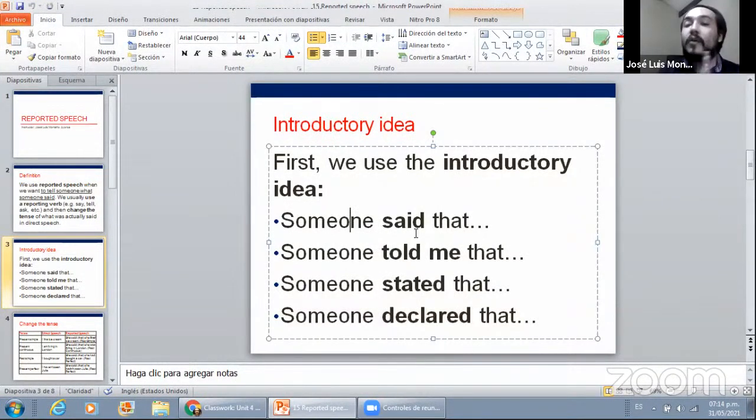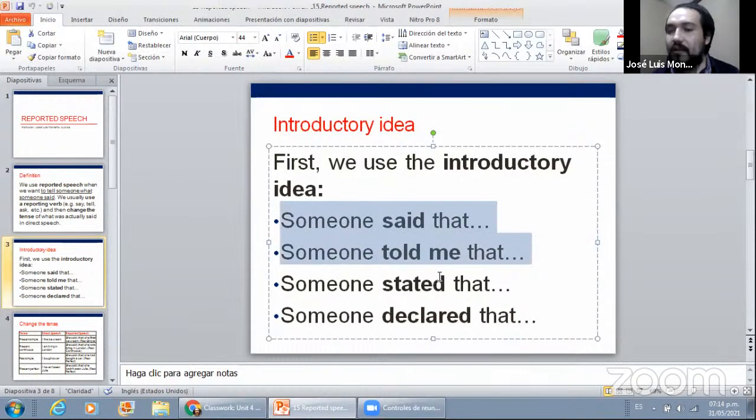Good. So let's do this, please. Go to the files and write 2, okay? Actually, let's write, yes, only 2. Write 2 introductory ideas, only introductory ideas. But please don't say someone. Try to say, for example, last weekend, my father said that, or in the last class, the teacher told me that.